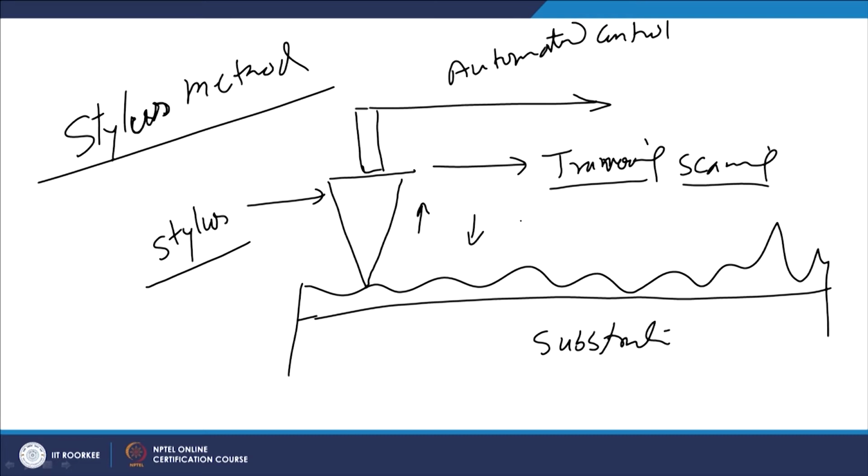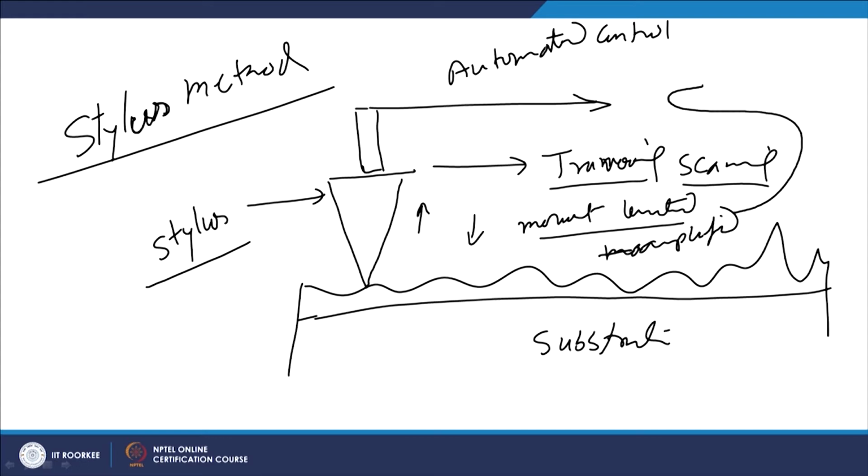Since the extent of the movement is very limited, the movement is very less. So, in order to make it measurable, this up and down movement is magnified or amplified using two approaches, or both the approaches are used in combination. One, it uses the lever principle for amplification, and then it also uses the electronic methods.